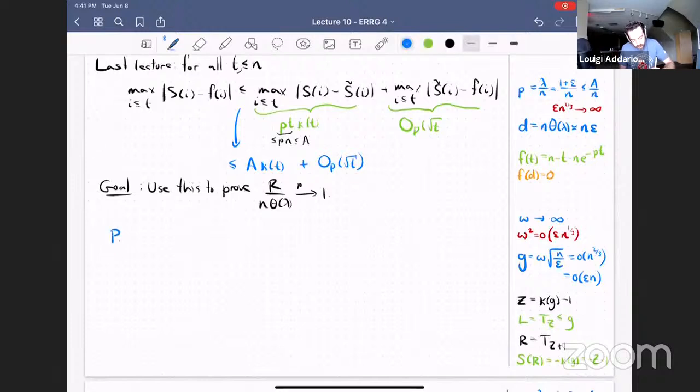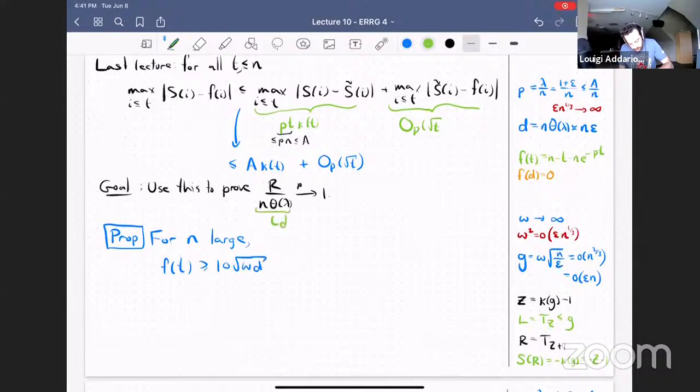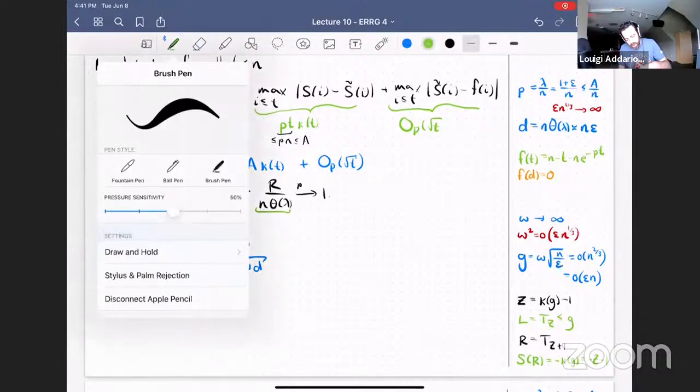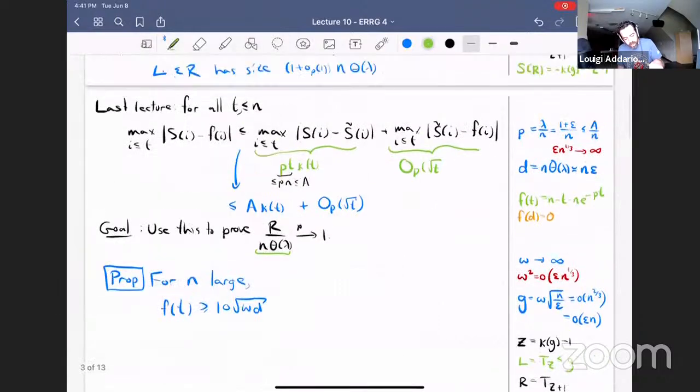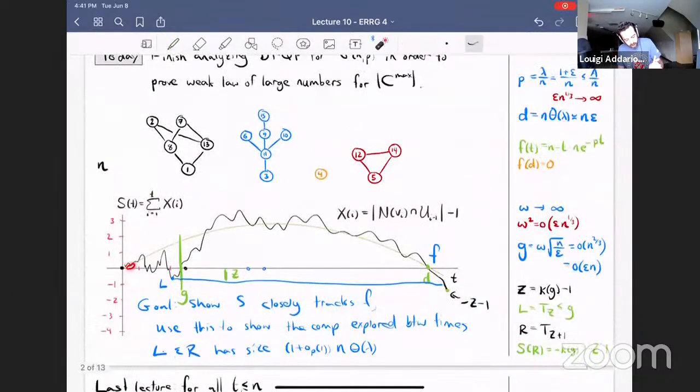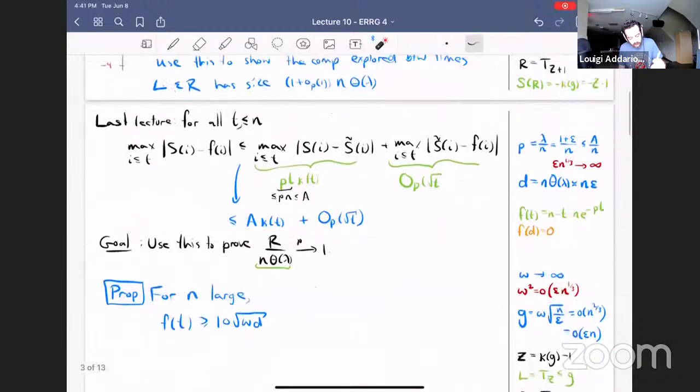Okay. So here's what we're going to use about f. For n large, f of t is much bigger than root d. This is d down here. I'm sorry I have two notations for it, but when I was drawing this picture, having g and d, left and right, made sense to me, but d is the same as n theta lambda. So d is our denominator here as well.